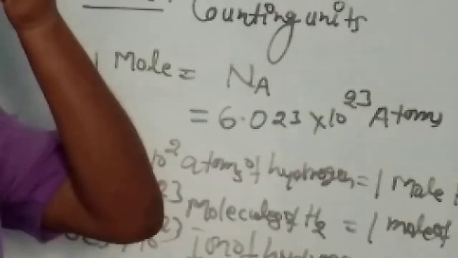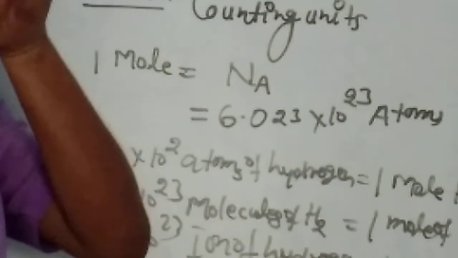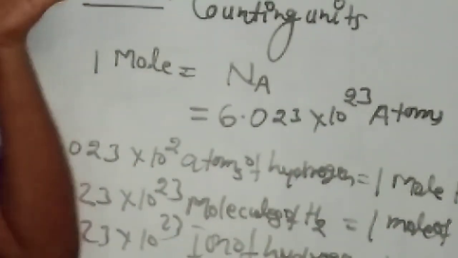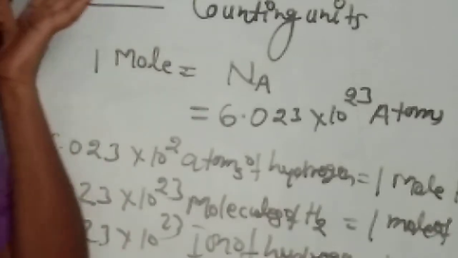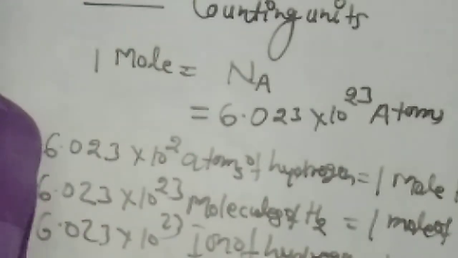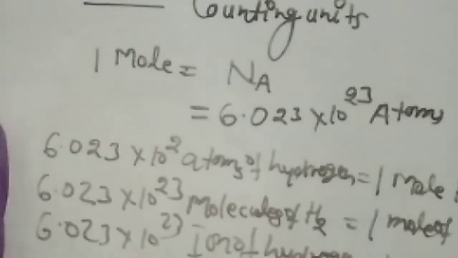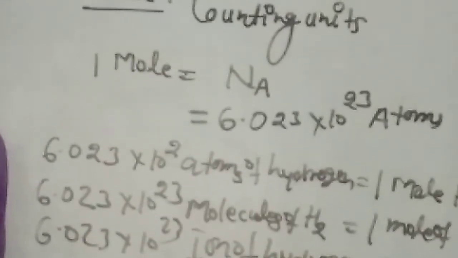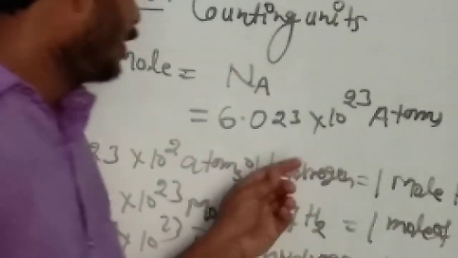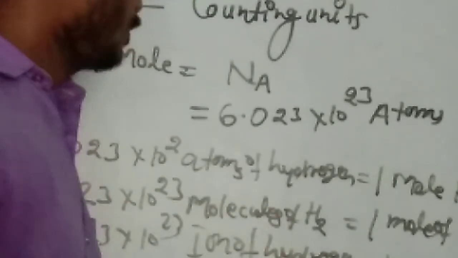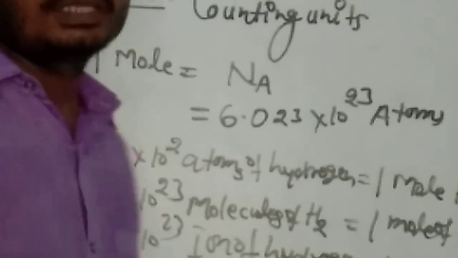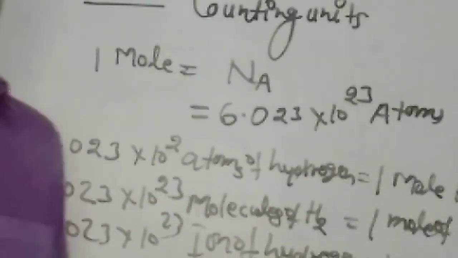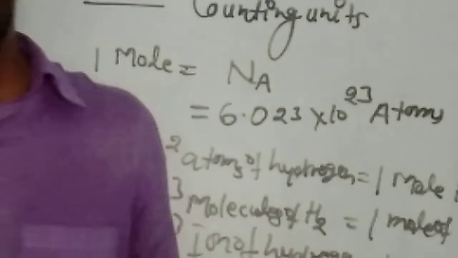In the same way, find out number of moles in different step. 6.023 into 10 power 23 atoms of hydrogen equal to 1 mole of hydrogen atoms. Then further 6.023 into 10 power 23 molecules of hydrogen equal to 1 mole of H2. Then further you explain about moles.